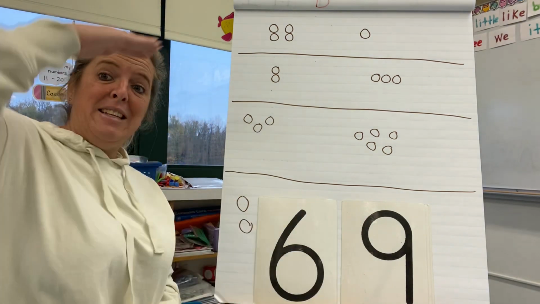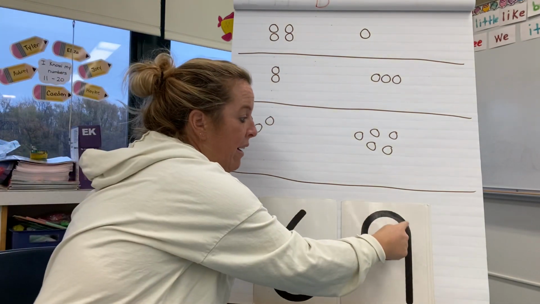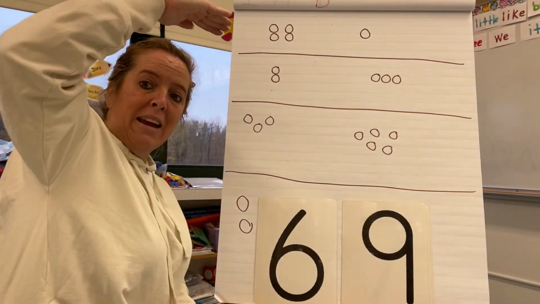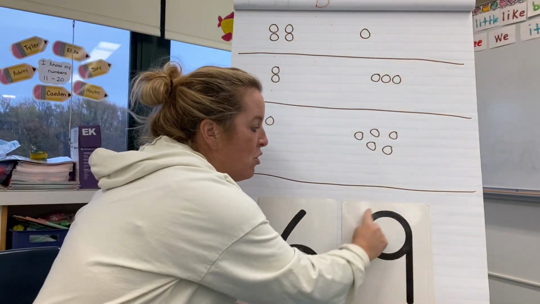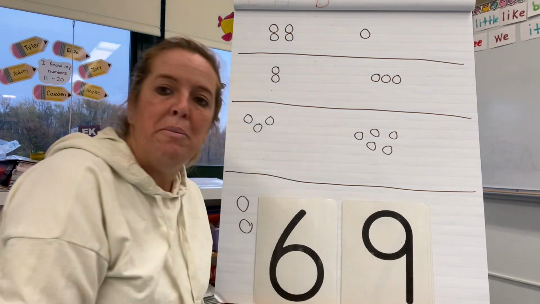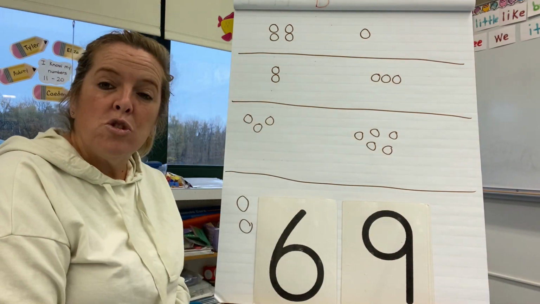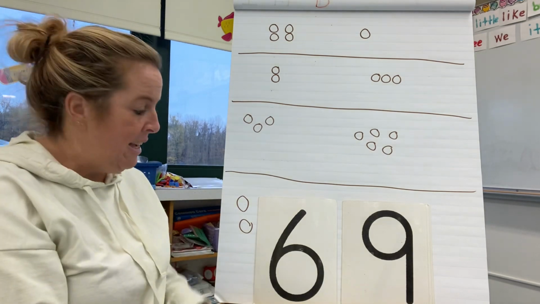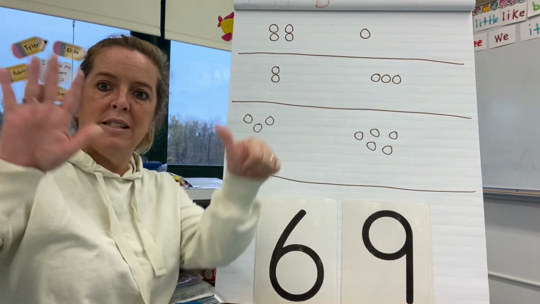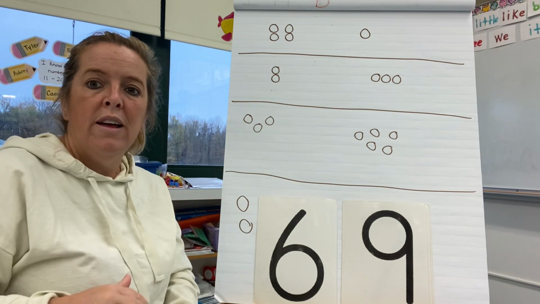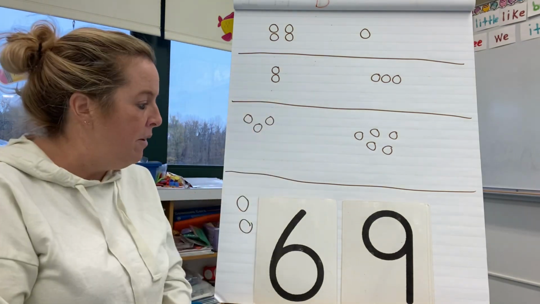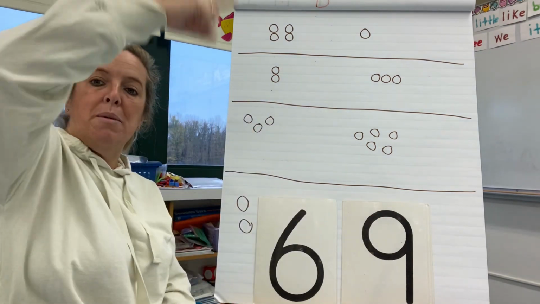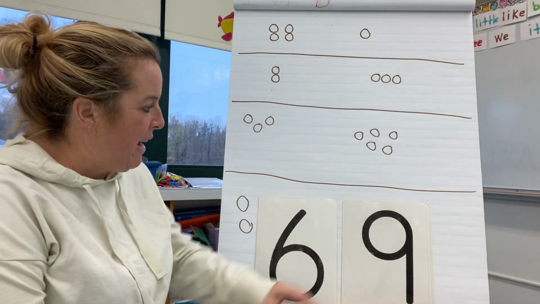But a 9 is bigger, it's higher, so this bubble's up higher because 9 is higher. Circle and a line to make a 9. So if you're having troubles with 6s and 9s, remember, for 6, the bubble's down low because a 6-year-old is lower than a 9-year-old. And the 9, the bubble's up high, circle and a line to make a 9.